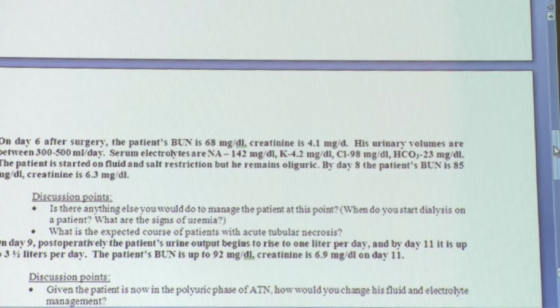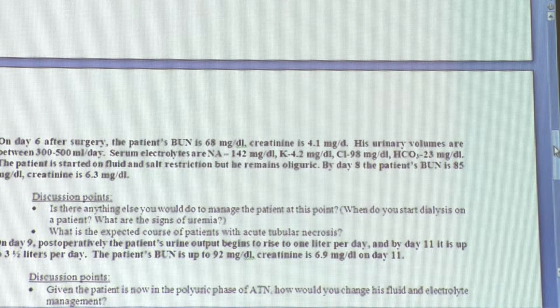What are the signs of uremia? Do you guys remember what are the signs of uremia? Mentation, itchy skin. Yeah, you can get a uremic frost, but that's when the BUN is probably 300. You can get tremors, seizures, altered mental status, confusion, but there's really not such a thing as a number defining that.